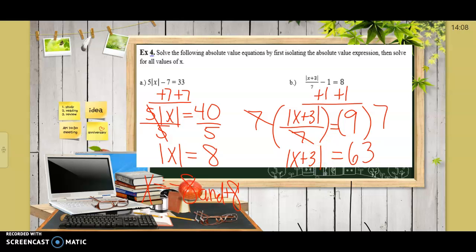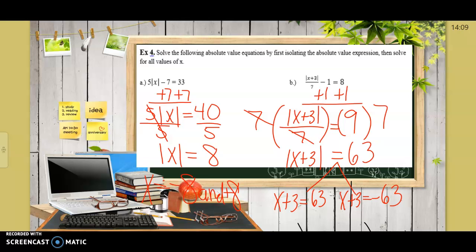Okay. So now we get to this point where we're dealing with the x plus 3 in the absolute value. Now we take what we learned from the first set of examples and we break it up into 2. We go x plus 3 equals 63. X plus 3 equals -63.